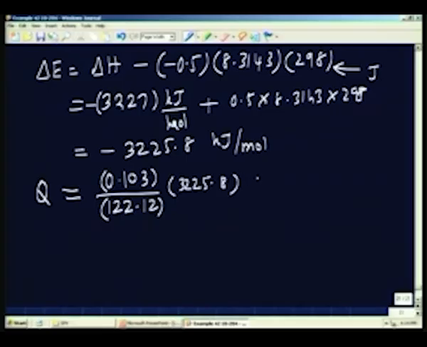This will be in kilojoules, and this comes to 2.721 kilojoules. This is the heat released in the first experiment.